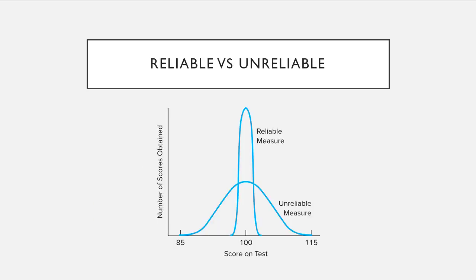So when you think of reliability versus unreliability, we can look at the scores on a test. Let's say that we have a group of people that took a test many times, a measurement of intelligence over time. And let's say that we had 10 people take an intelligence test 5 times in a year.